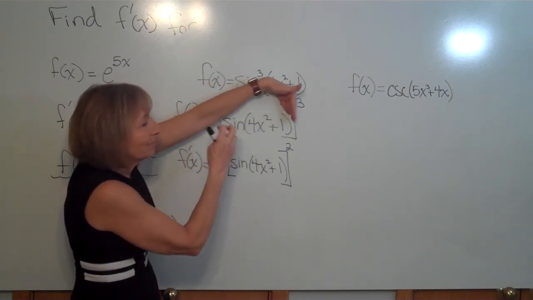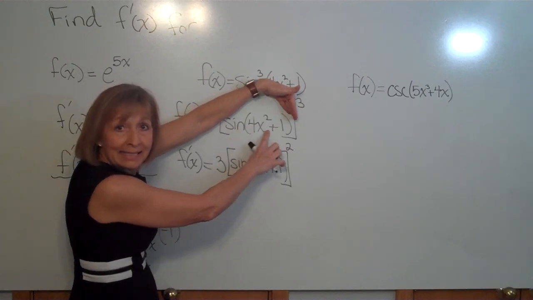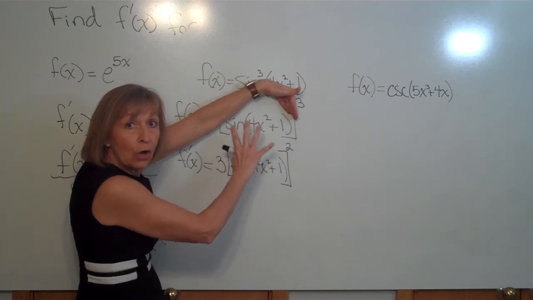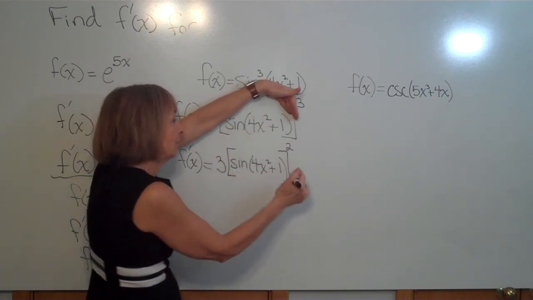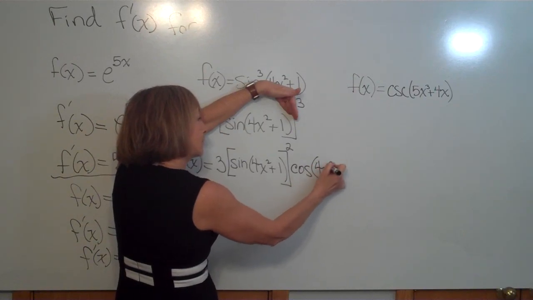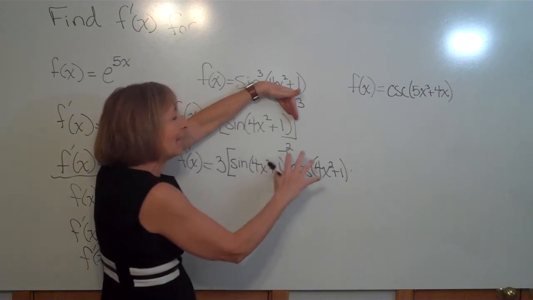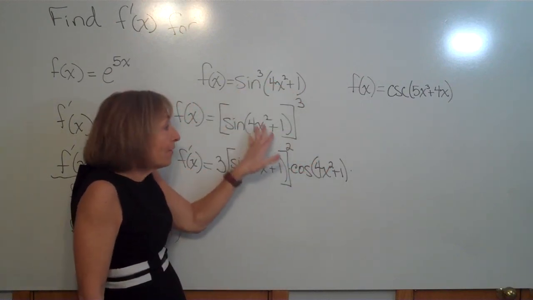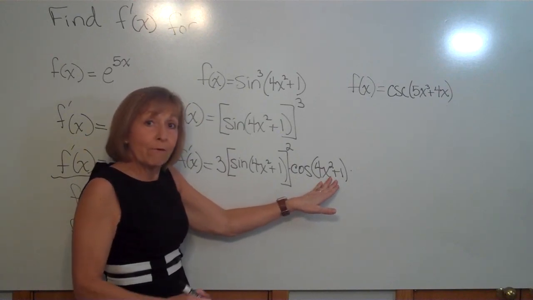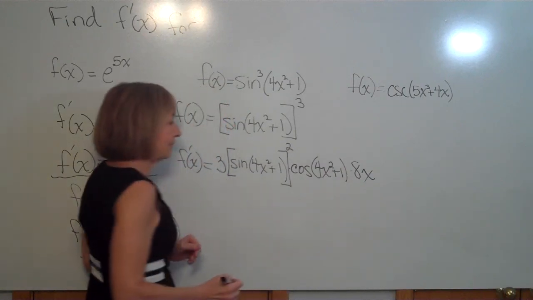But the intermediate inside stuff is sine acting on an angle. Well, the derivative of sine acting on an angle is cosine acting on that angle. And now I'm finally at that times the derivative of the innermost stuff. And the derivative of 4x squared plus 1 is 8x.